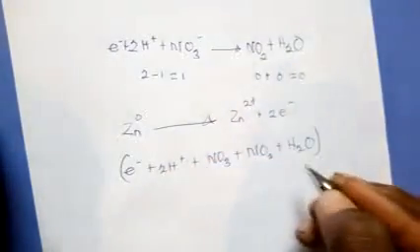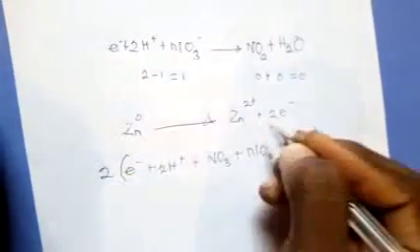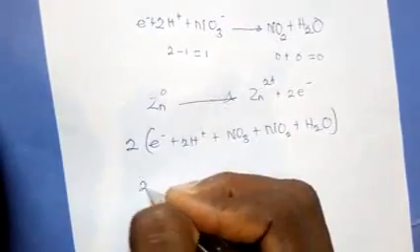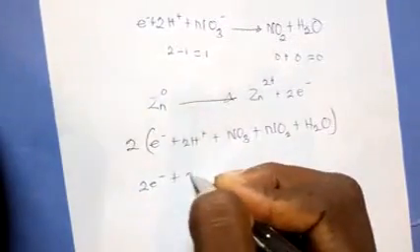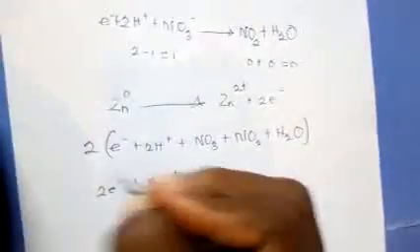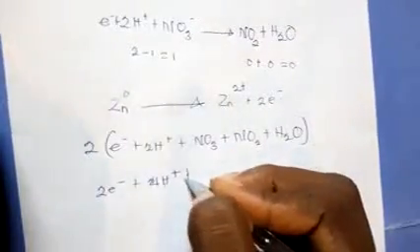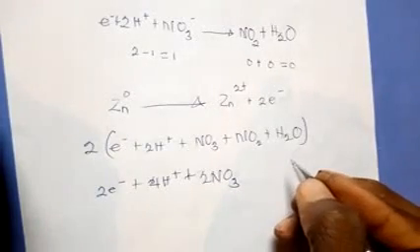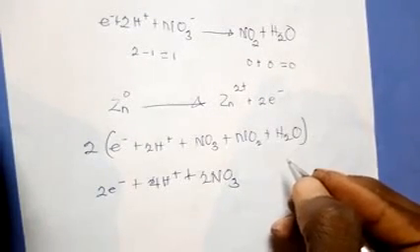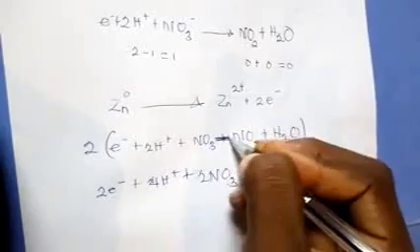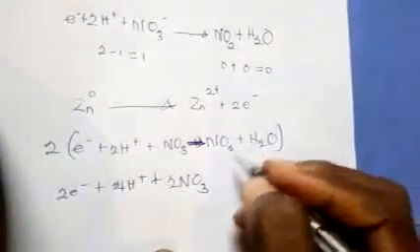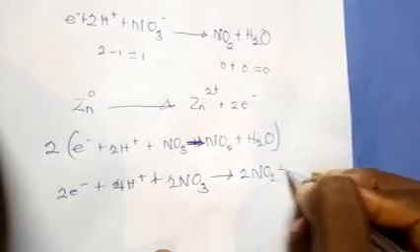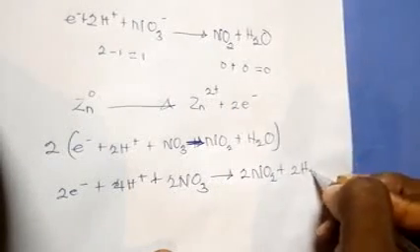Enclose this in parentheses, multiply it by 2 because you have 2 here, and then the new equation will be 2E minus plus 4H plus 2 times 1 is plus 2NO3. Sorry, it was a mistake here. Plus 2NO3 to get 2NO2 plus 2H2O.